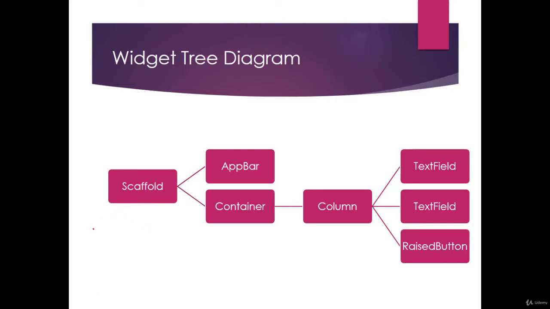The first one is the scaffold widget, the root. Then we're going to have the AppBar and the container. The AppBar is the header actually of our mobile app, and our container has actually three children: a text field, a text field, and a raised button. So this is our widget tree diagram.